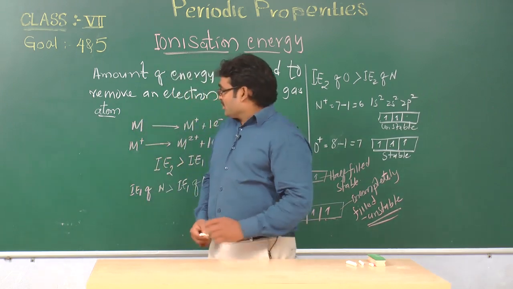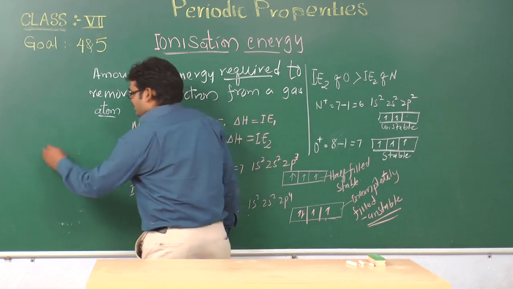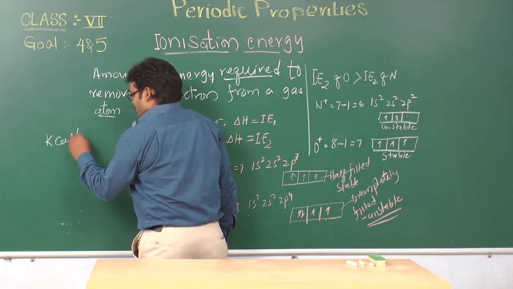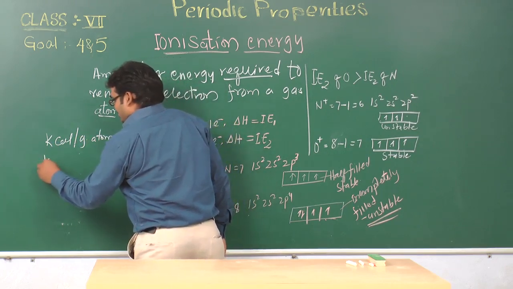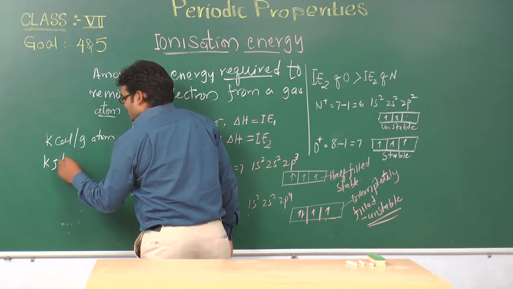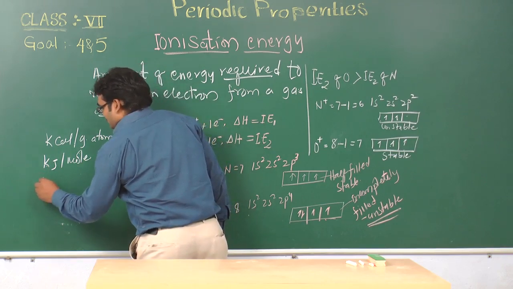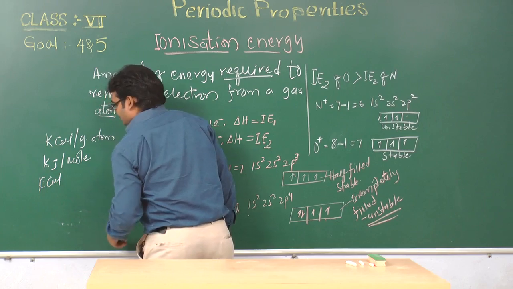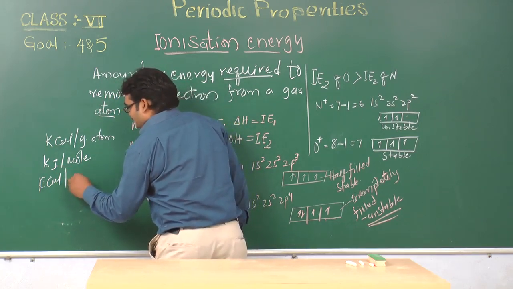Now it is measured in terms of kilocalories per gram atom, or kilojoules per mole, or kilocalories per atom.